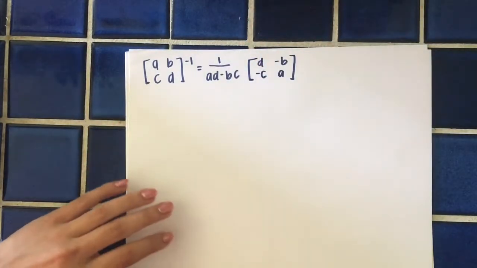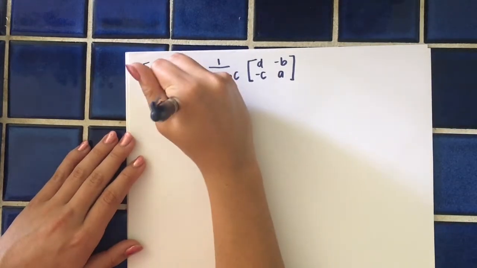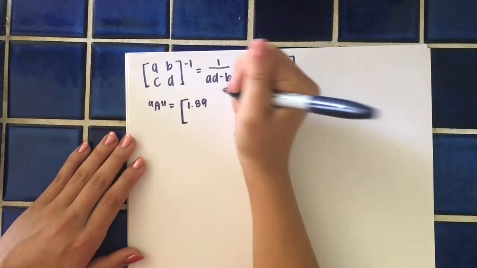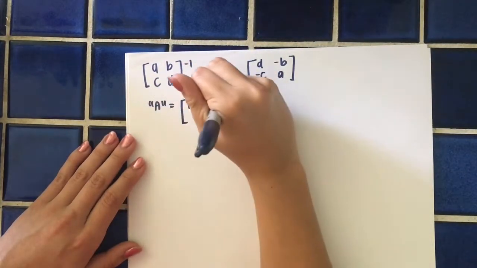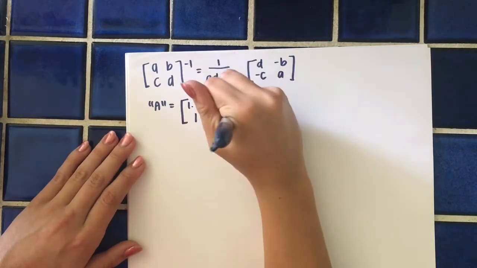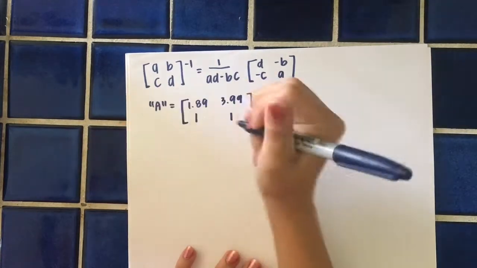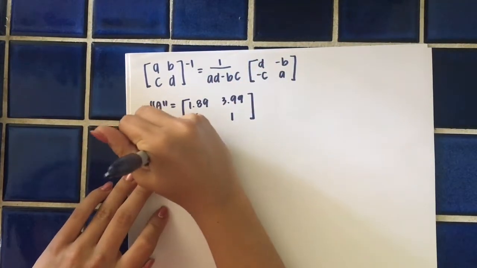Okay, so we know our matrix A is equal to 1.89, 3.99, 1, and 1. Perfect. So now let's find the inverse of this.